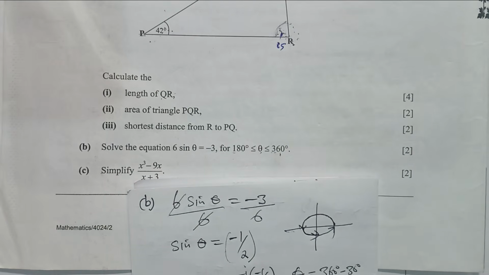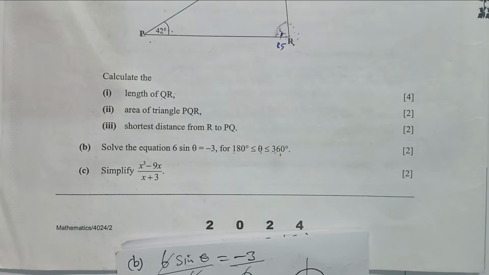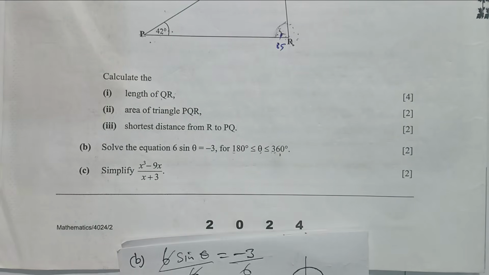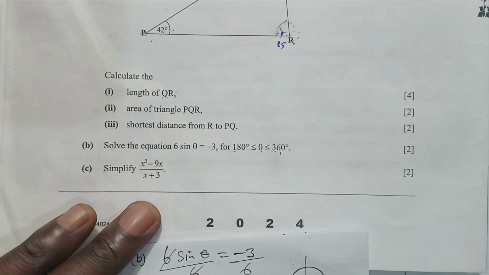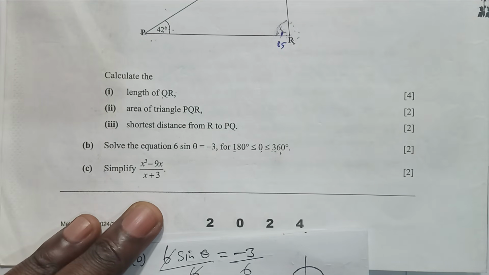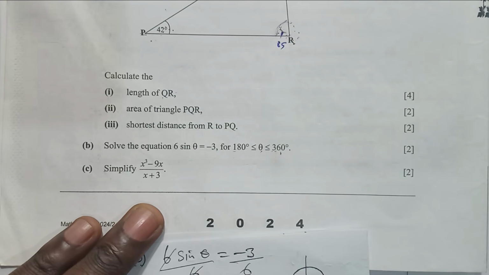Okay, we can quickly move our attention to the last part of the question, which says simplify. We have the expression x cubed minus 9x divided by x plus 3.